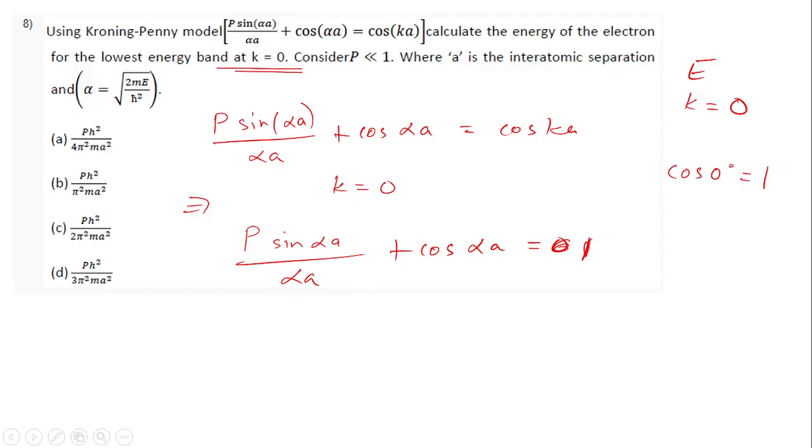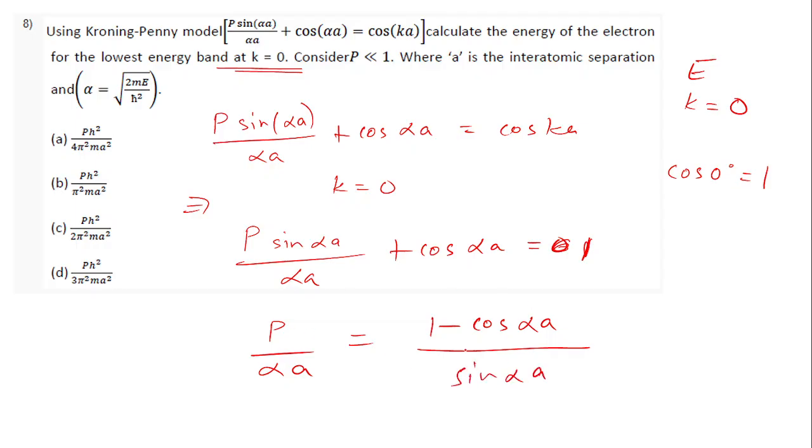Now I'll rearrange this equation and write P divided by alpha a, and I will send this to the right side, then it will be 1 minus cos(alpha a), and then I will take this to the right side, so it will come into the denominator, sin(alpha a).